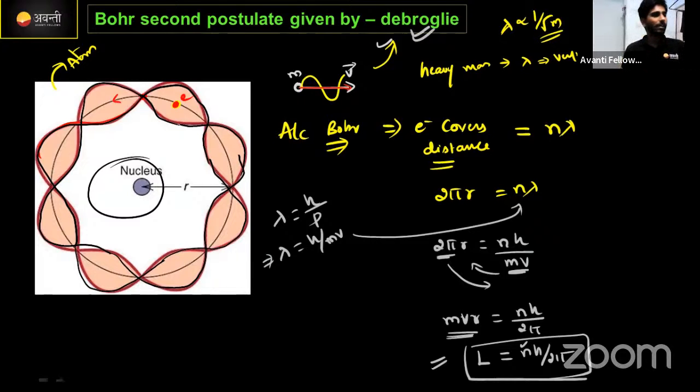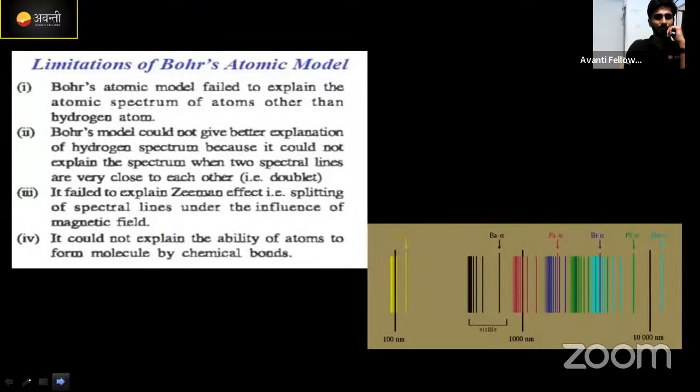Next, what is there? Yes, limitations. Coming to the next concept, limitations. And in these limitations, guys, look, Bohr's atomic model failed to explain the atomic spectrum of an atom other than the hydrogen atom. Meanwhile, whatever the things we observed up to now, radius, energy, angular momentum, velocity, frequency, wave number, lambda, means wavelength.